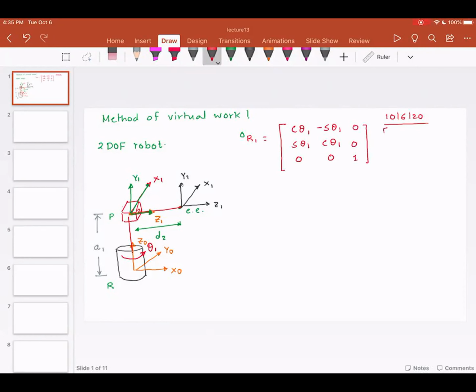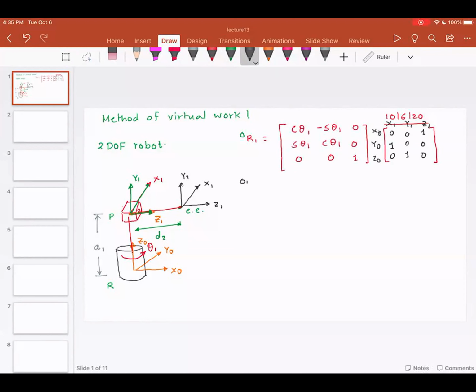Next, multiply with a projection matrix. This projection matrix is in between x0, y0, z0 and x1, y1, z1. So you can look it up. Projection of x1 on y0 is 1. Projection of y1 on z0 is 1. Projection of z1 on x0 is 1.